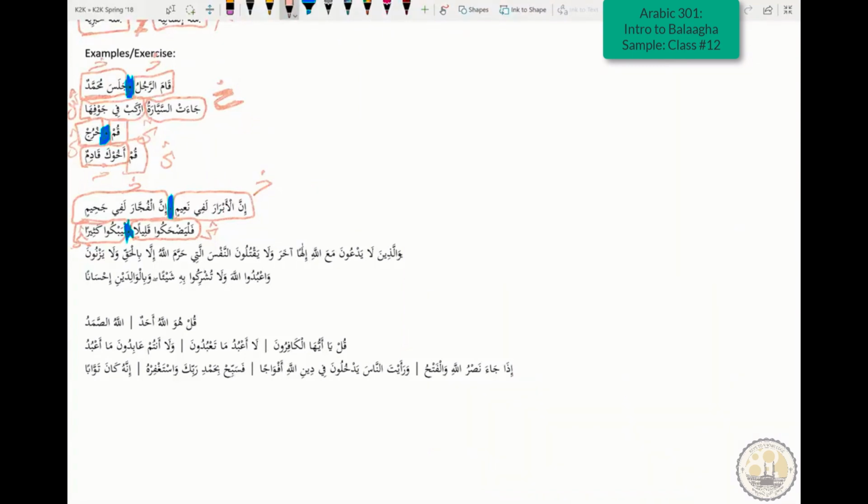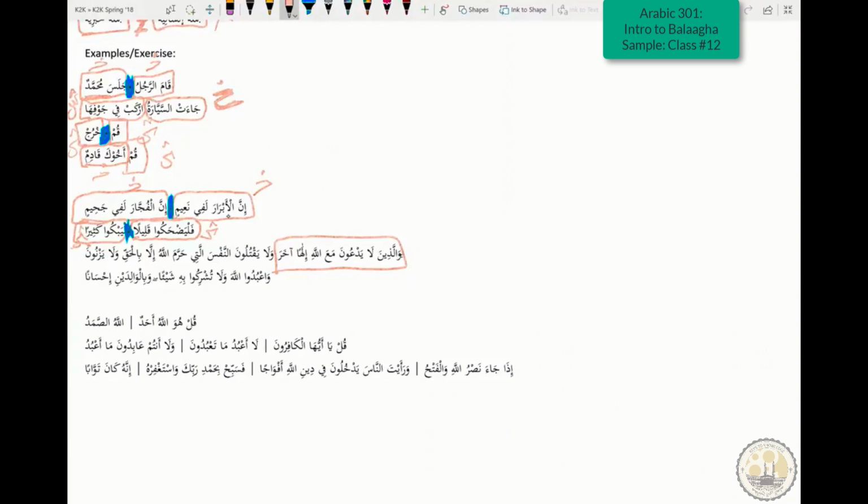والذين لا يدعون مع الله إلها آخر ولا يقتلون النفس التي حرم الله إلا بالحق ولا يزنون. In Surah Al-Furqan. We have a couple sentences here. First, and those who do not invoke with Allah another God or deity.